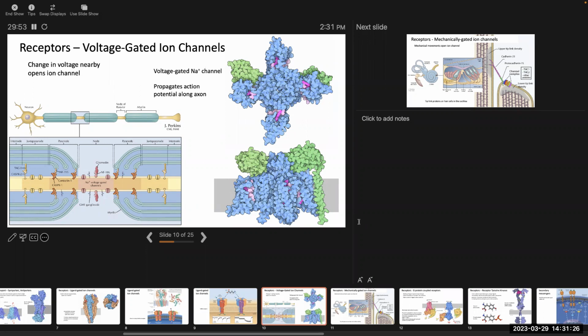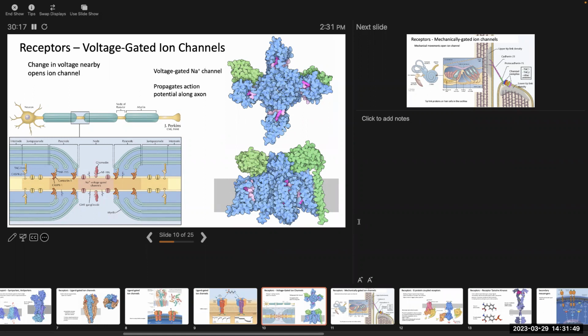That change in voltage that was created by the ligand-gated ion channel then triggers these voltage-gated ion channels that are sitting nearby. So they open up, they allow sodium ions to come flooding through. That changes the voltage in that section of the membrane, which then triggers more voltage-gated ion channels nearby to open.